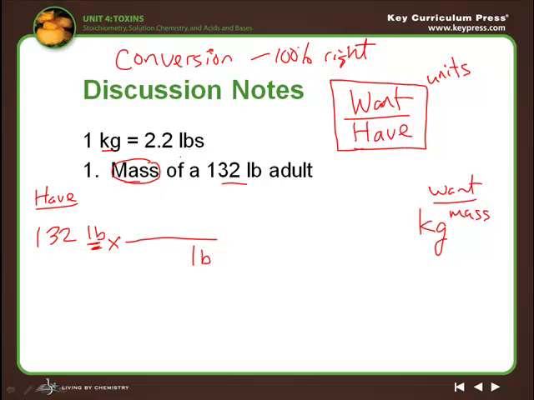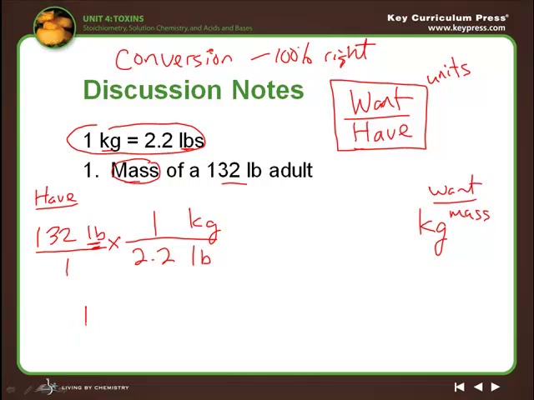There's our pounds, there's our kilograms. Then all we do is we look up here at our conversion factor, which is this here. 2.2 goes with pounds. 1 goes with kilogram. When we multiply this out, some people even like to put this over 132 over 1.